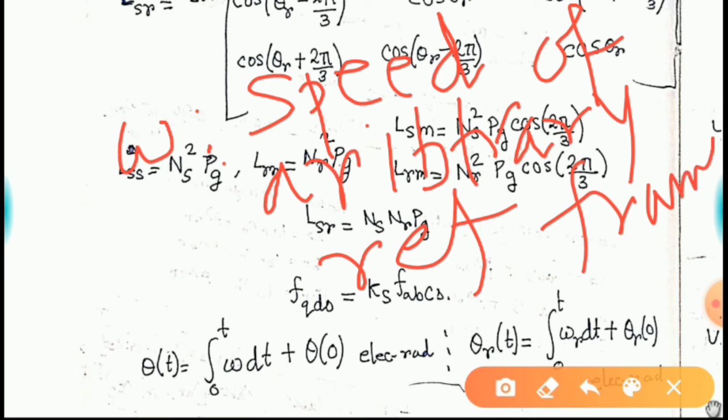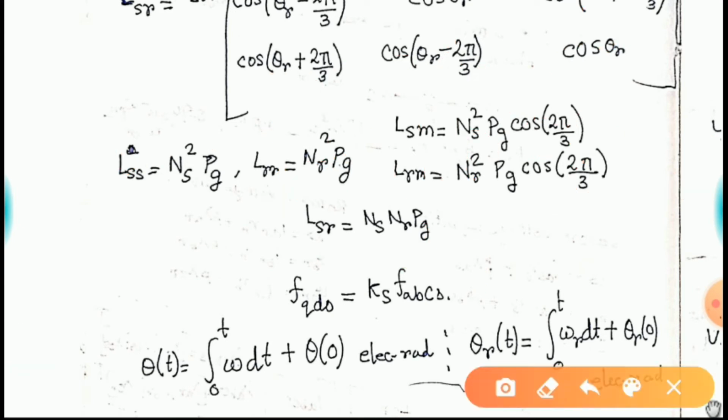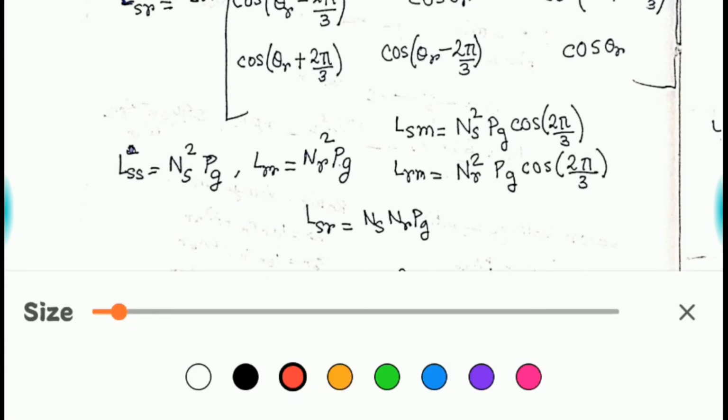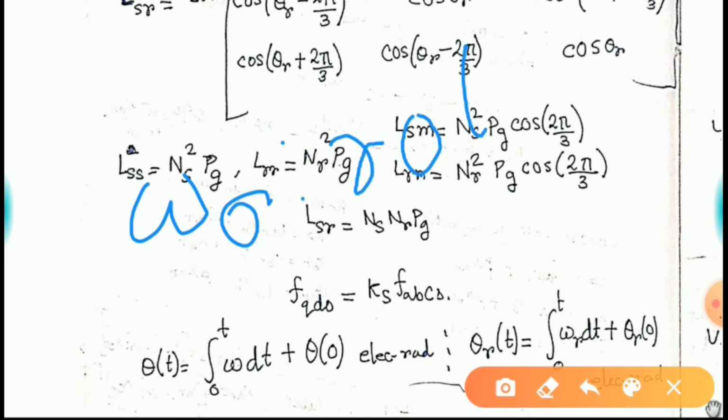Omega is the speed of the arbitrary reference frame, and this omega r is a rotor speed.